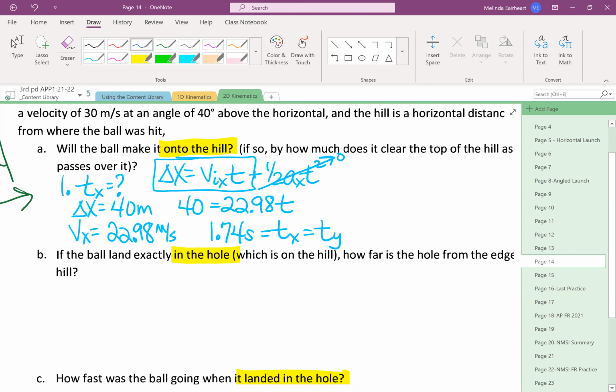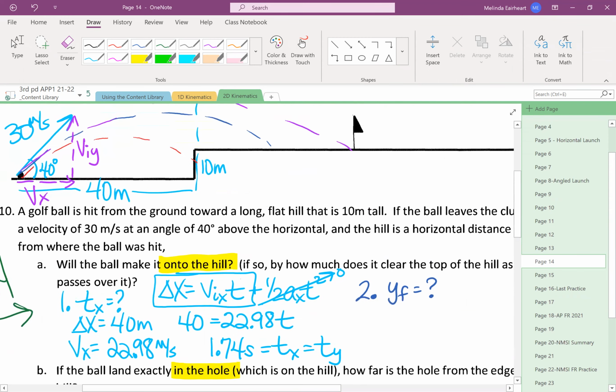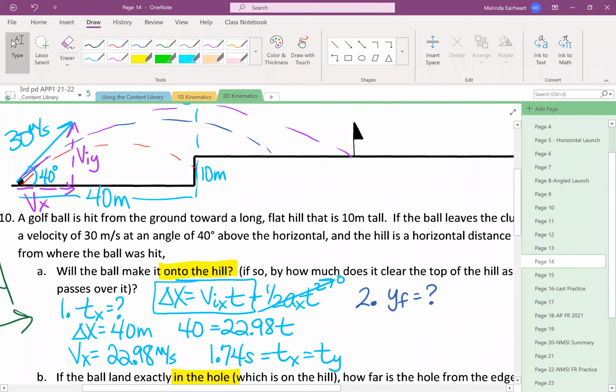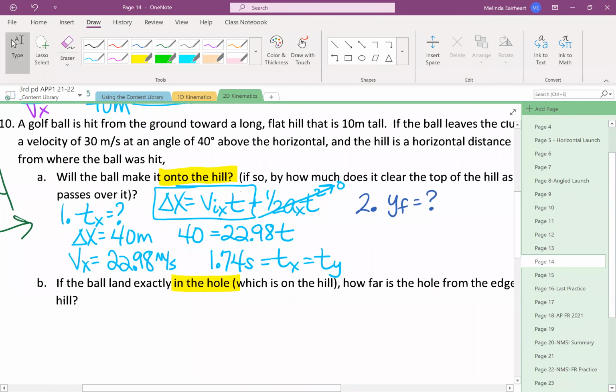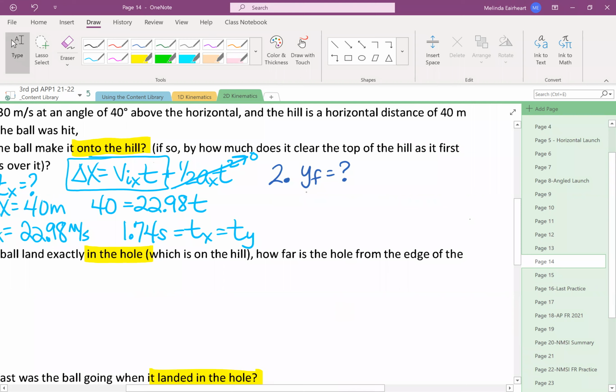And so then, now that we know the time, just like our tennis ball, we can go solve for that final vertical position. Because that's what we need to answer the question, does it make it on the hill? And so, what do we know vertically? Gravity. I'm going with standard sign convention, right? There's no reason not to.